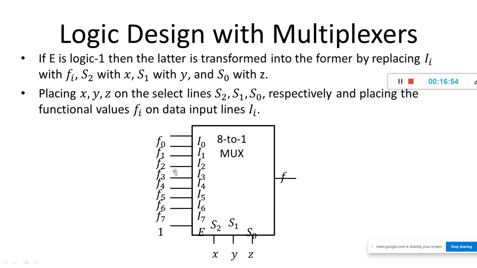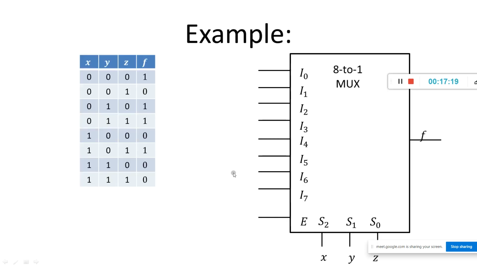I0 to I7 are replaced by F0, F1, F2, F3, F4, F5, F6 and F7. So what you have to understand here is that the data lines I0 to I7 are replaced with functional values F0 to F7, E is 1, and X, Y, Z are replaced by S2, S1, S0 respectively. So this is an 8:1 mux.